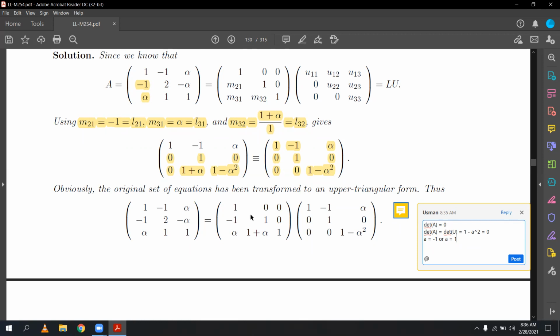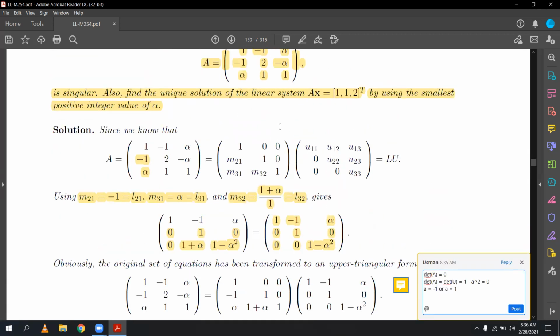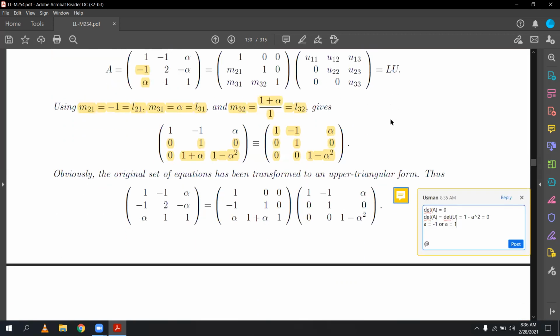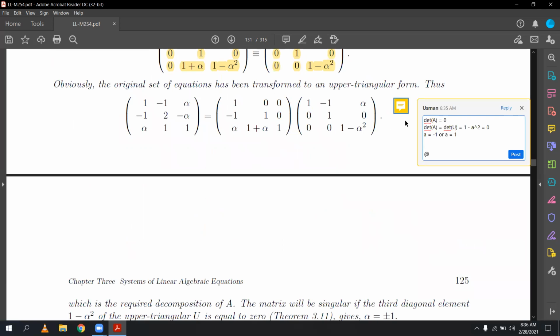Now you do the second part. In the second part, it says, find the unique solution by using the smallest positive integer value of alpha. So what will you choose? 1? We cannot use 1 for the unique solution because 1 gives you the singular case, and a singular system never has a unique solution.